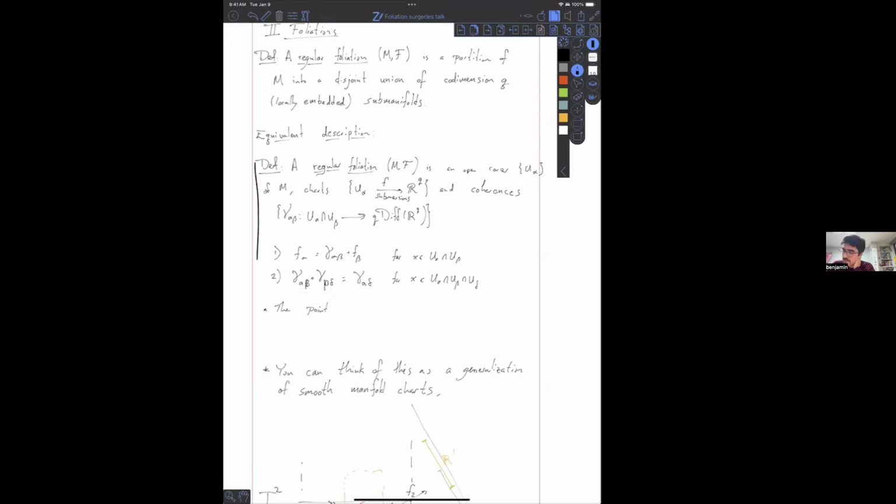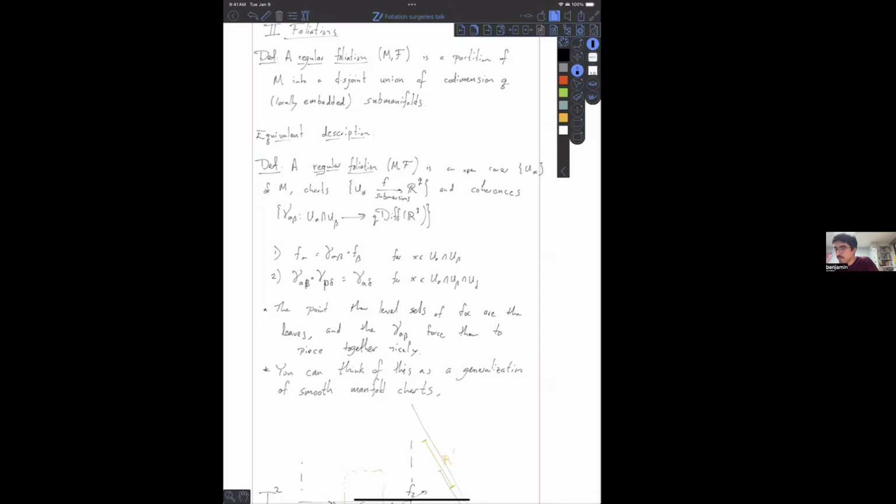And so the point of this definition is that you have these charts, and the level sets of alpha are the leaves, and the gamma kind of force them to piece together nicely. That's why I call them coherences.